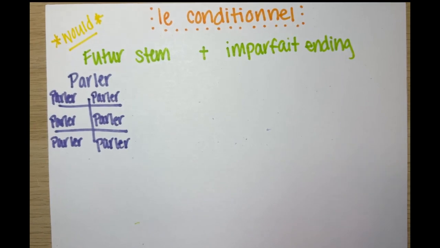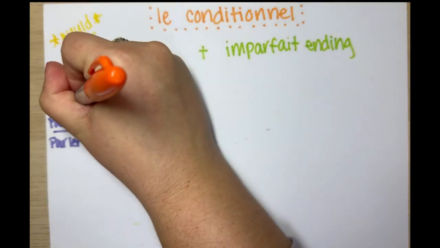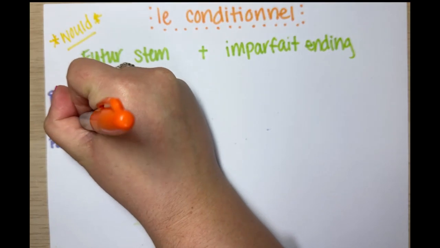Okay, I've got all of my stems down. Now let's go through and add on our imparfait endings. So for je and tu, we add AIS, the same thing for both, AIS.